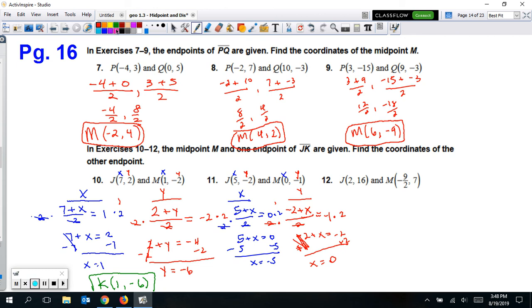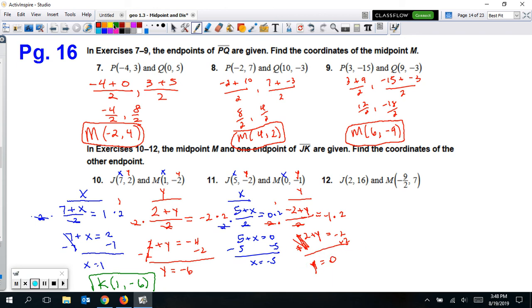I keep saying x, don't I? I'm just messing that up. Again, not a big deal, but we're solving for y on this one. I think I just get so used to solving for x when I'm solving equations, but I've got to remember I'm solving for y this time. So there we go. X equals negative 5, y equals 0. That would be confusing if we had 2 x's.